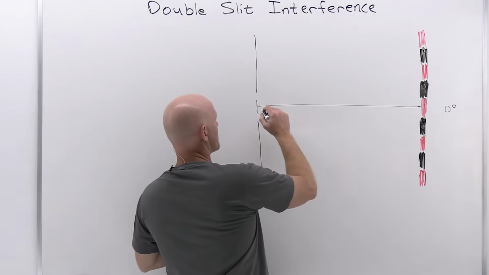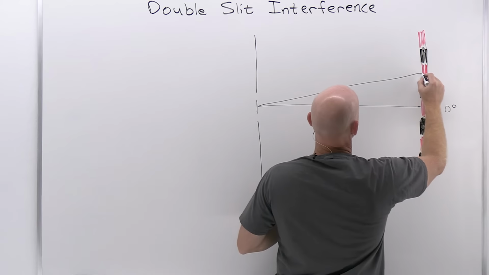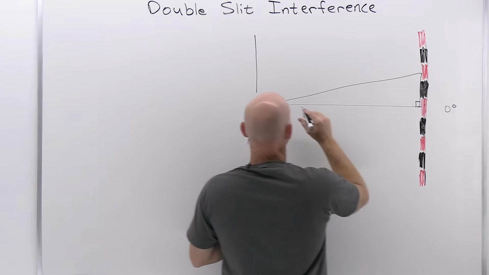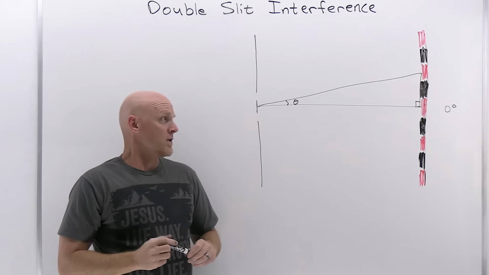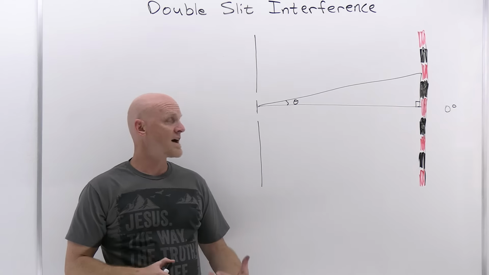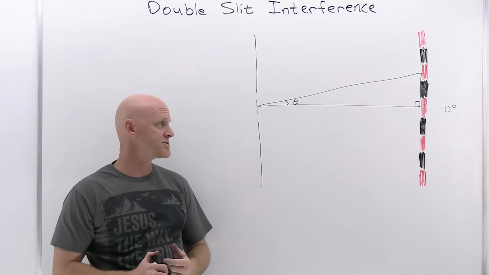In fact, that's the one we're going to deal with, so that's the one I'm going to draw towards. And then you could draw a lovely right triangle here, but it's this angle right here that we're going to call theta. And we're going to end up forming an equation that shows us how to calculate this angle theta for any bright or dark fringe.